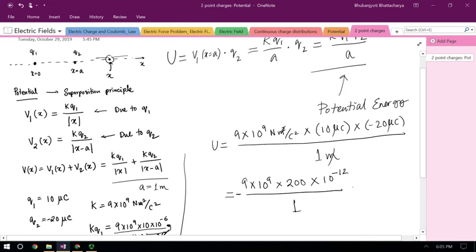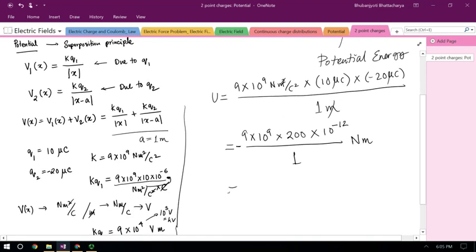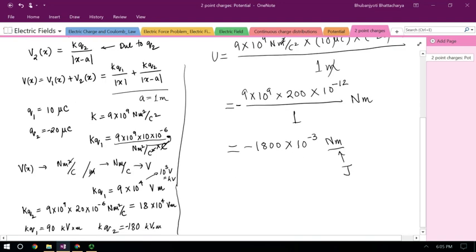And now my leftover units is just Newton meter. The Coulomb squared now cancels with the coulombs. Okay, so now this looks like 9 times 2 is 18, so -1800 times 10 to the 9 times 10 to the -12, that's 10 to the -3 Newton meter. Remember, Newton meter is joule. Okay, so this looks like -1.8 joule. So that is the potential energy, right?